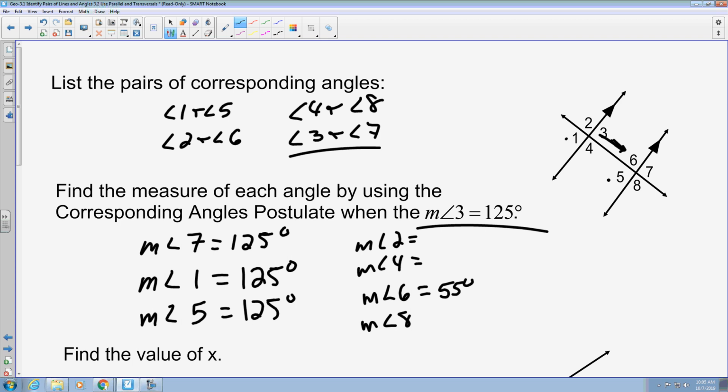Then 2 and 6 correspond, so that's 55 degrees. Angles 2 and 4 are vertical angles, so that's 55 degrees, and 4 and 8 correspond, so those are 55 degrees. Basically, when two lines are parallel and you have a transversal, all 8 of those angles are going to be one of two measurements.